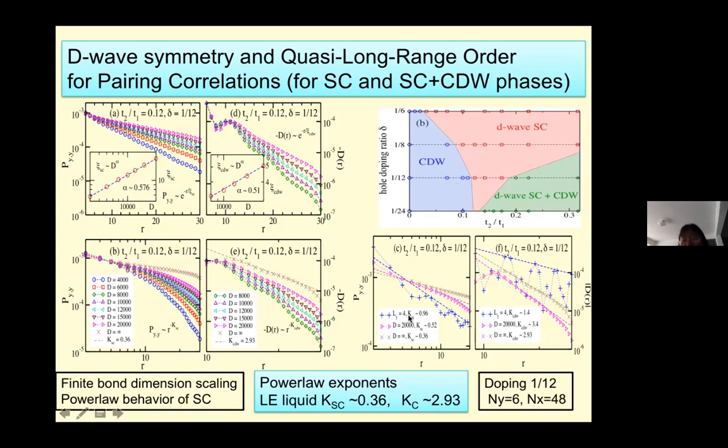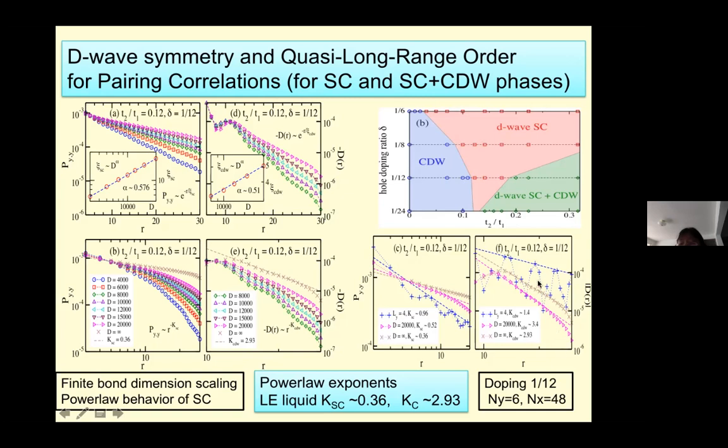We also compare the raw data from cylinder width 6 with the data from cylinder width 4. The cylinder width 4 data decays much faster, with a power exponent around 1 for superconducting correlation.